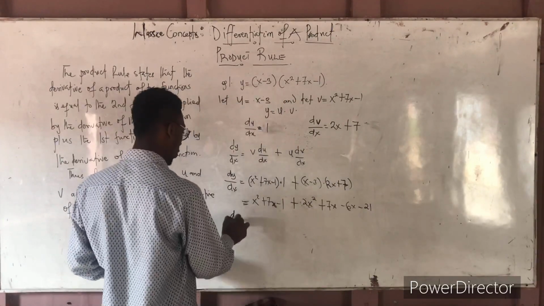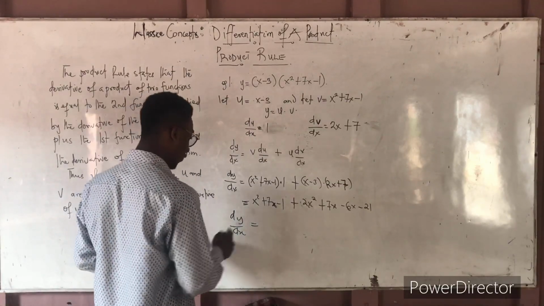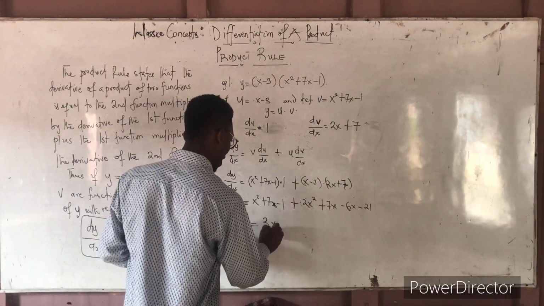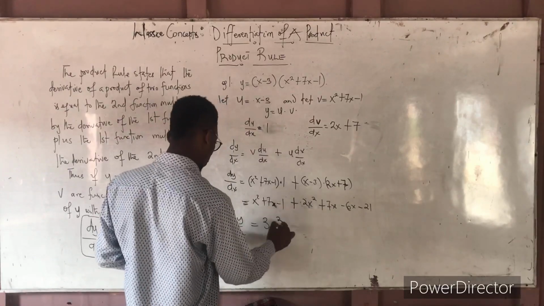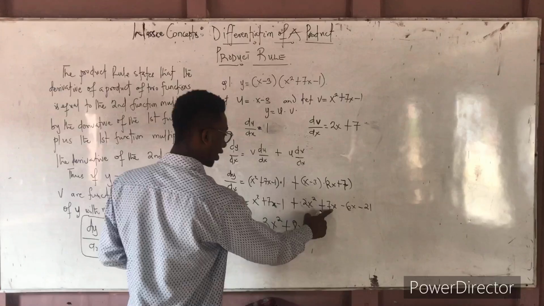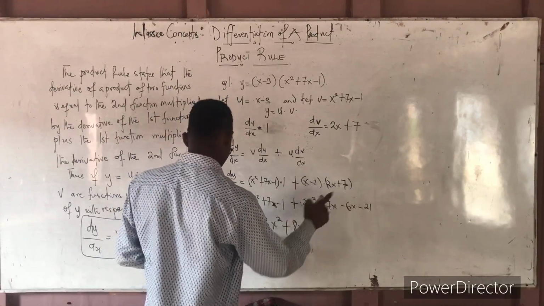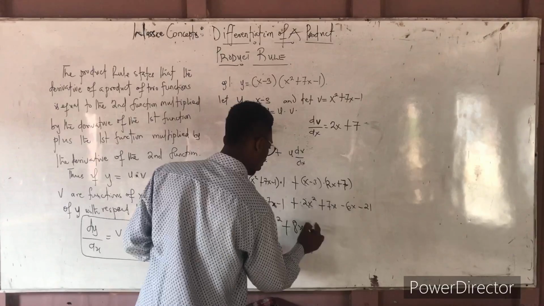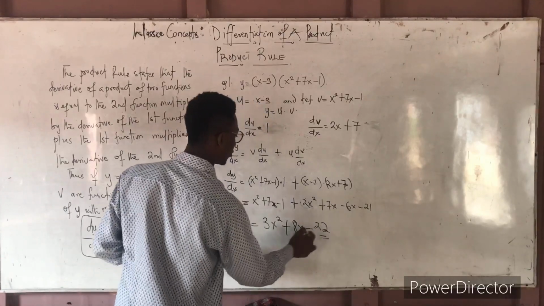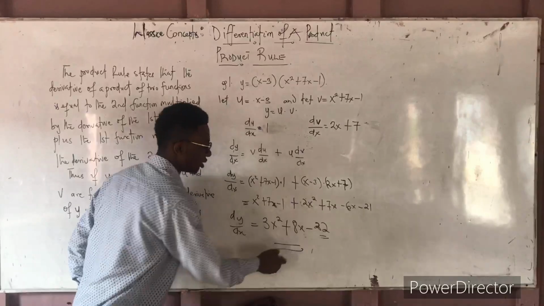So now dy/dx becomes 3x squared plus 8x, since 7x plus 1x gives you 8x, and then minus 1 minus 21, which is minus 22. So this becomes the final answer, the derivative.